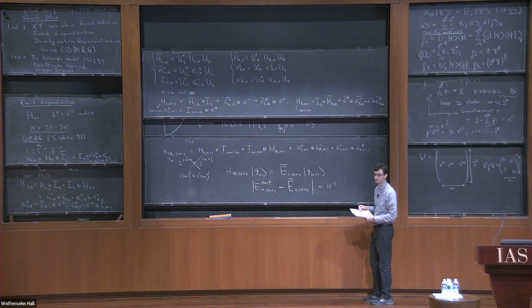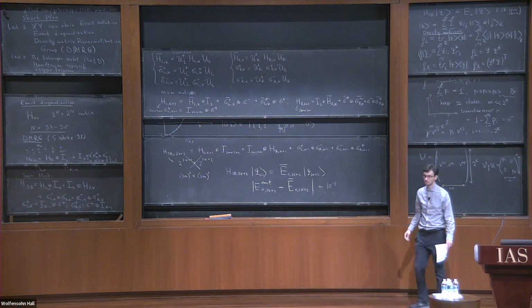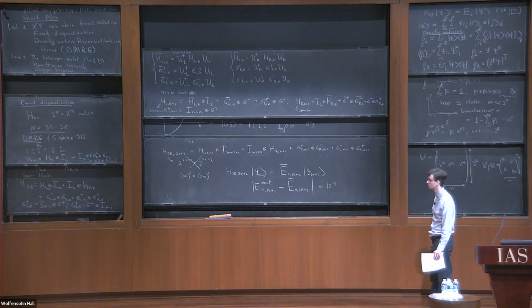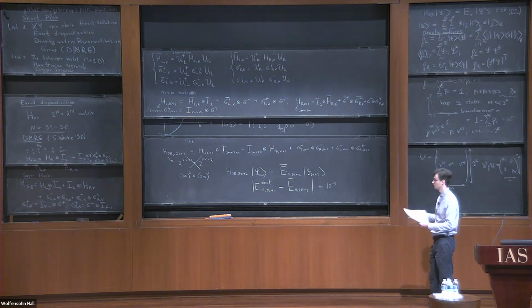So the starting point of the algorithm is, I guess, some small chain that you can run. Is that right? Yeah, the starting point is that you build the chain without truncation for a small number of qubits, small number of sites. But at some point, when the Hilbert space grows to some big number, you start truncation.